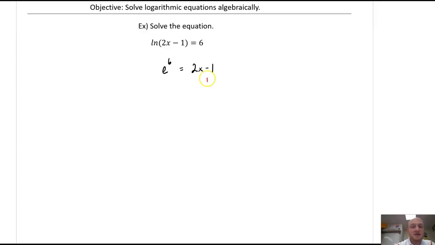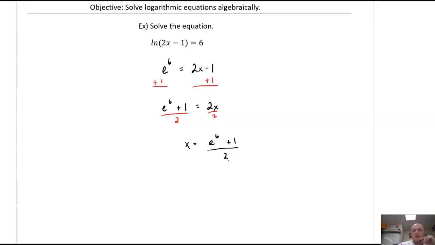I'm going to leave it as e to the 6, and I'll add 1 to each side, giving us e to the 6 plus 1 is equal to 2x, and then I'll go ahead and divide by 2. So we get x is equal to (e to the 6 plus 1) divided by 2.